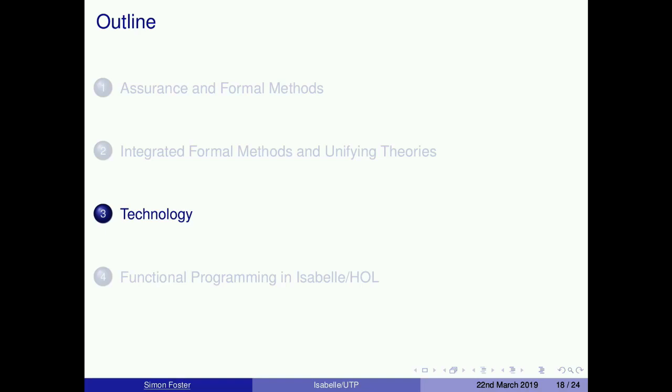So for instance, we do have UTP theories for object orientation, for real time, for mobility, for probability, for hybrid systems as well, which is what some of my work is about. So the claim is that UTP really can be used to characterize all of these different kinds of semantic models.